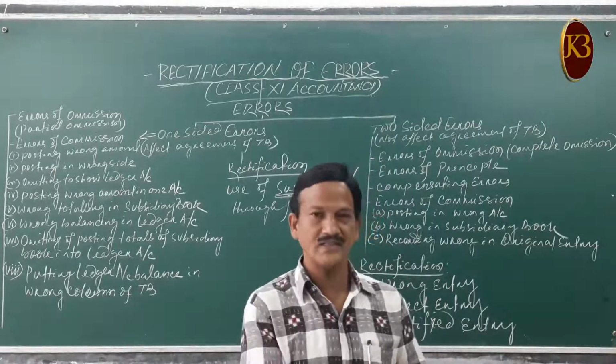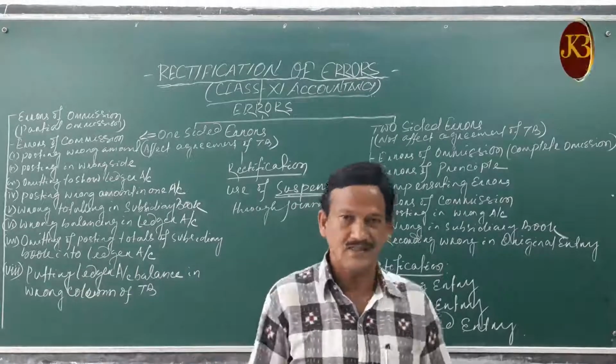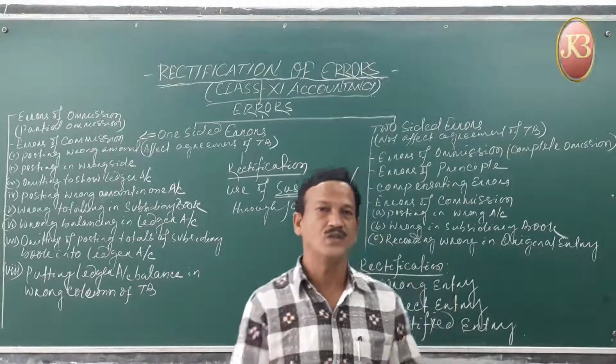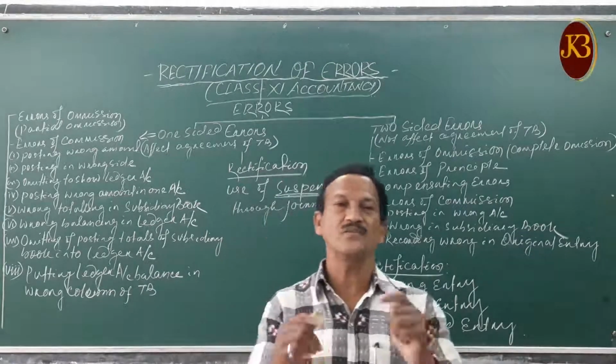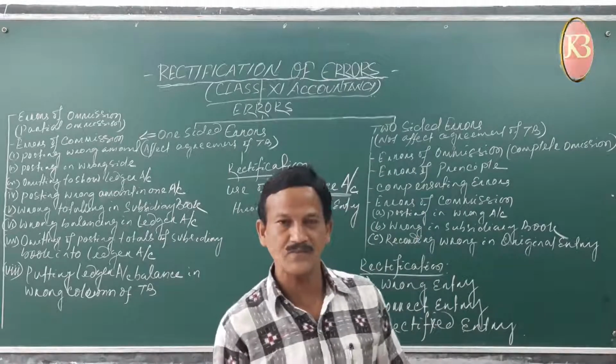If there is a mistake, it does not show the correct financial position. True and fair view will not be there. So to ensure the true and fair view, we need the rectification of errors. These are the three purposes.